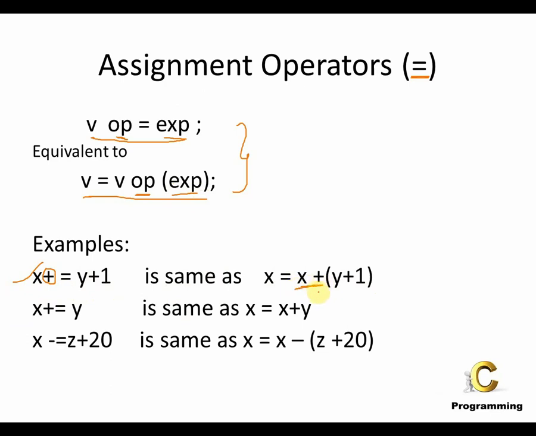It is very important to see which operator is used, and that operator is then used in this form. So there are two forms of representation, and you can use either of them. Whenever we write C programs, either of them is correct.